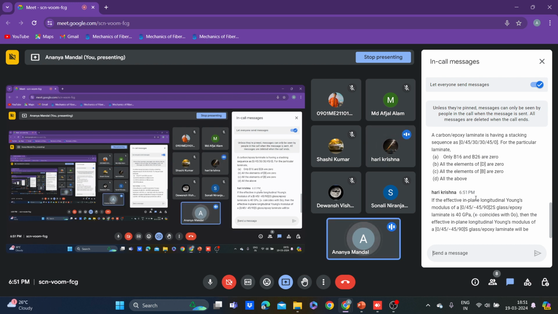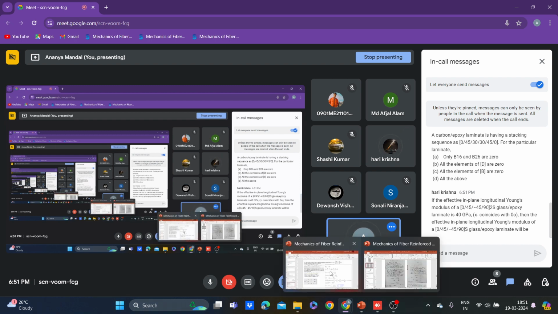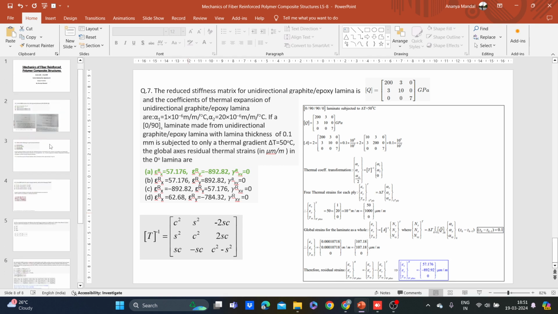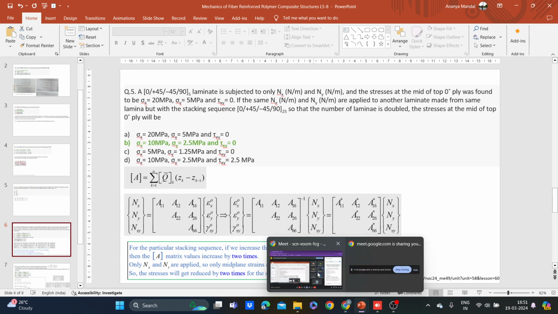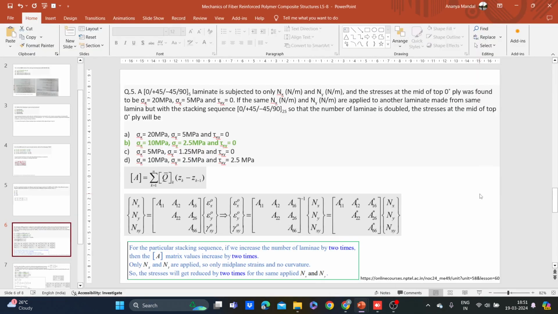So, the question I just discussed, the volume ratio question. As you can see here, they're relating the A matrix with the stress and modulus. What is modulus? It is stress by strain.